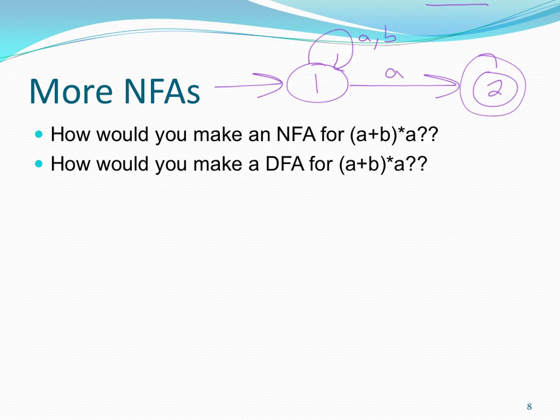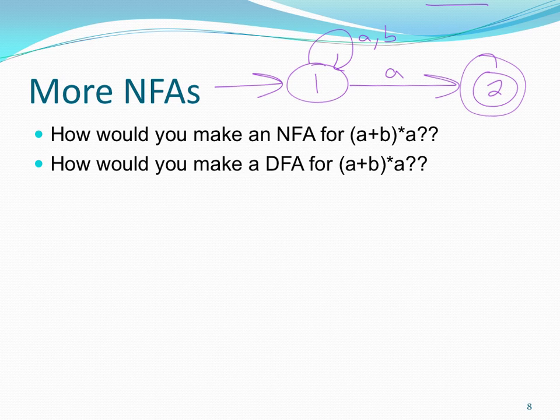So I guess what we have to do is say, well, we start, and if we see a B, well, let's think about this. We can see as many B's as we want at the start, so we could have a loop for a B there. If we see an A, we don't really know whether the A that we're seeing is the last one, or just the first A in a bunch of A's and B's.